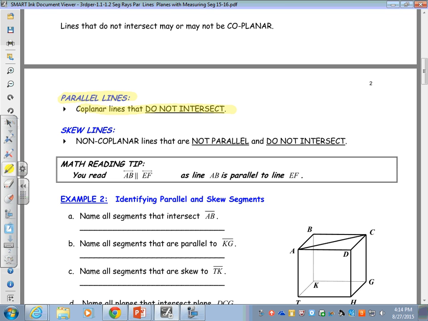Now, we have a symbol that we use in geometry to represent parallel lines, and it's a symbol you need to get familiar with. We have also a symbol for perpendicular, and that is right here, math reading tips. If you know, we have line AB because that's the line symbol above the two segments, and right here, these two bars side by side, basically this is our symbol for parallel.